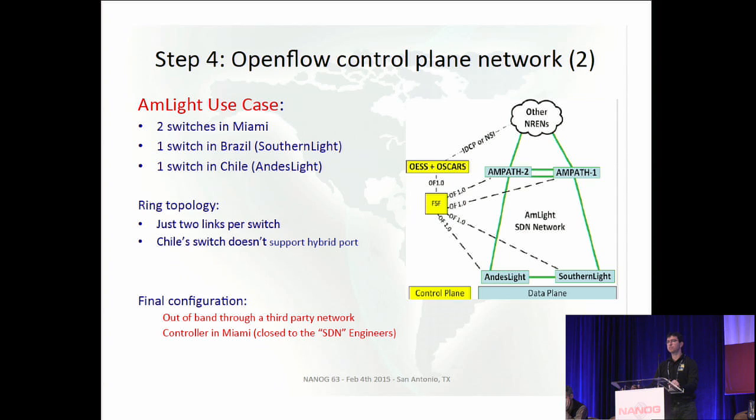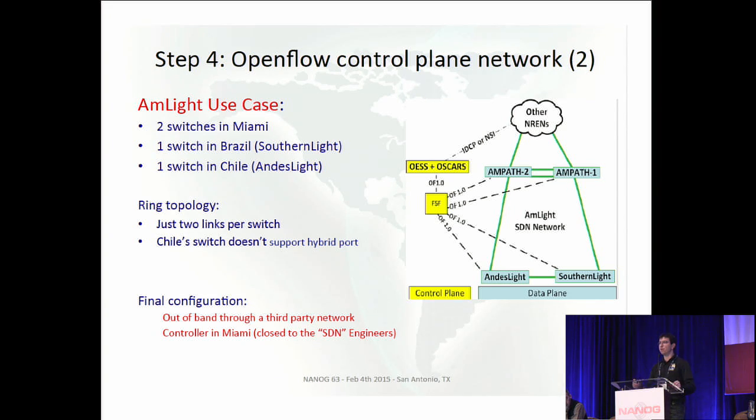In our case, we have 2 switches in Miami, 1 switch in São Paulo in Brazil and 1 switch in Chile. This is a ring topology, so all the switches only have 2 links. In the specific case of Chile, as I said before, there's no hybrid port support, so I cannot use the links that I'm paying for to reach the switch.